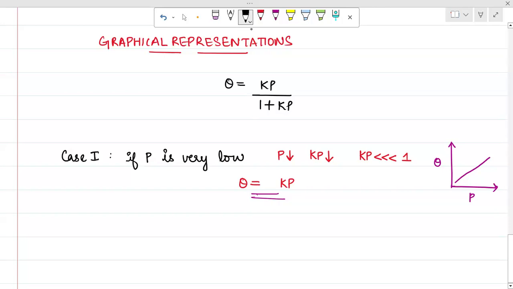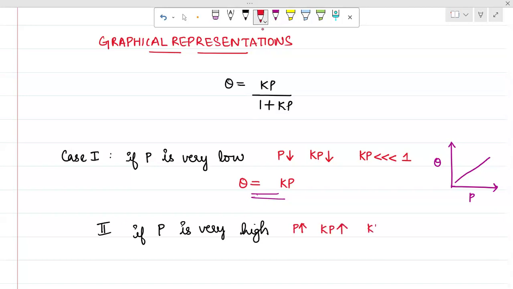Next condition, case 2, is if P is very high. What does that mean? If P is very high, automatically the product Kp will also be very high. Then in comparison to the other term in the denominator, the value of Kp will be very high, and hence this 1 can be neglected.